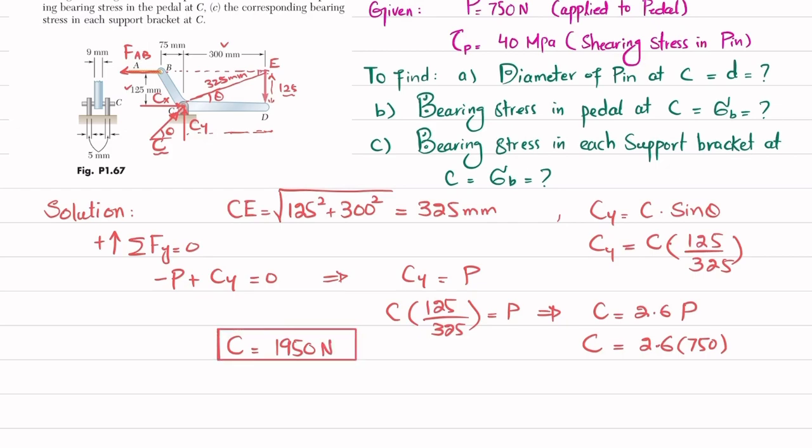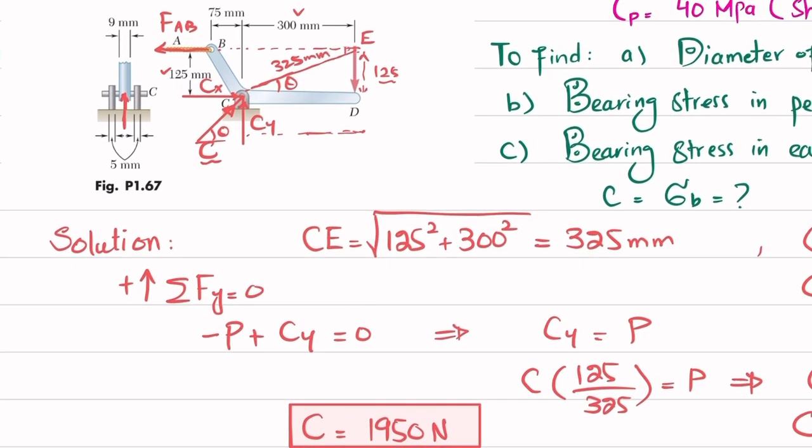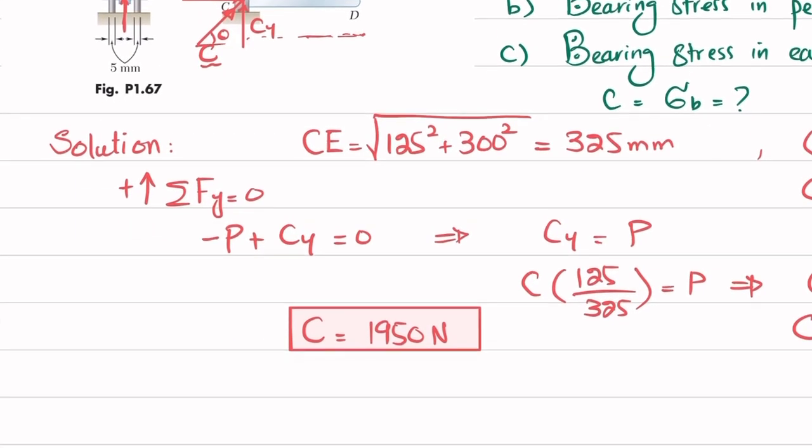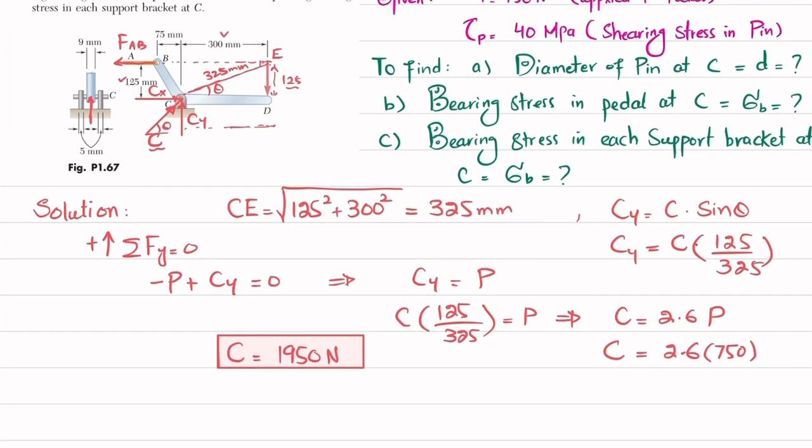Okay, now you have this C. You can see here that C is applied over here, and this C will cause double shear in this diameter. Also, we have been given the allowable shearing stress for this pin as 40 megapascal.